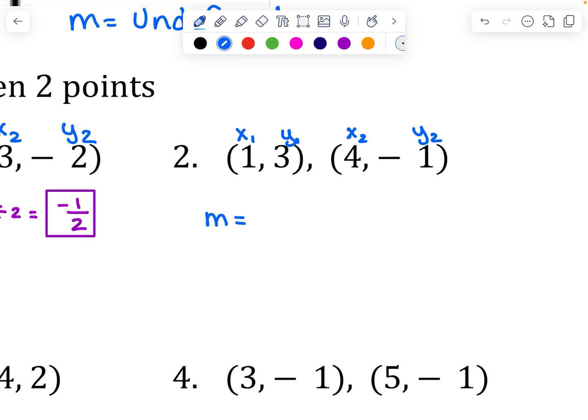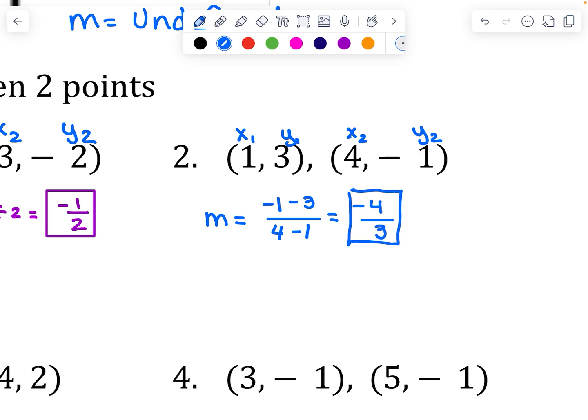So I have m equals y2, which is -1, minus y1, which is 3, over x2, which is 4, minus x1, which is 1. -1 minus 3 gives us -4 over 4 minus 1 is 3. So our answer is just going to be -4 over 3.